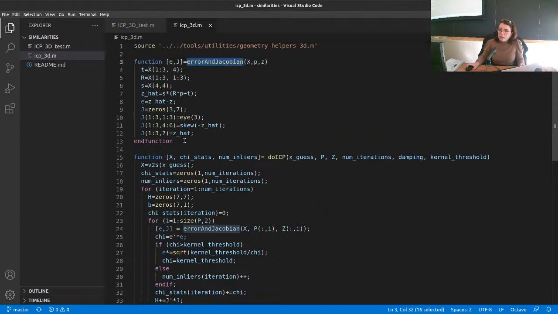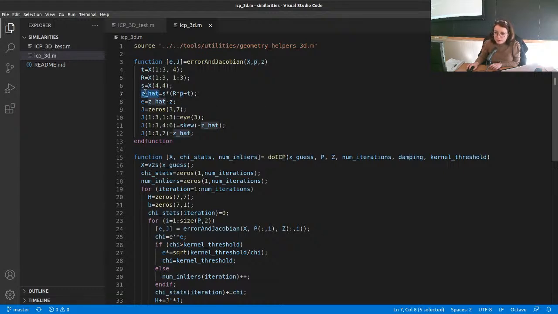In the computation of the error and of the Jacobian, you can recognize that we are extracting the translation vector, the rotation matrix, and the scaling factor out of the transformation x, which is the current estimate of the state. And we are using this to predict the measurement associated to the point P in the world frame.